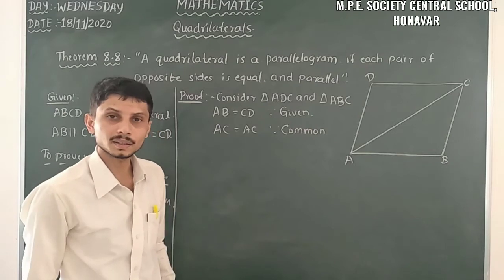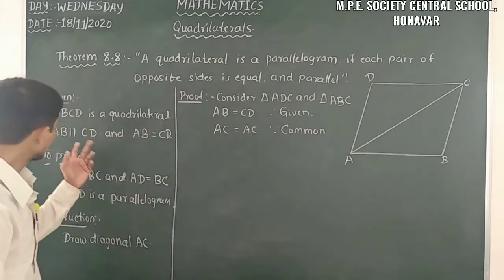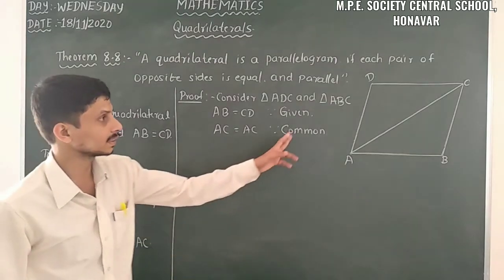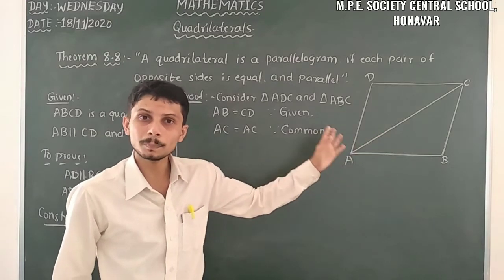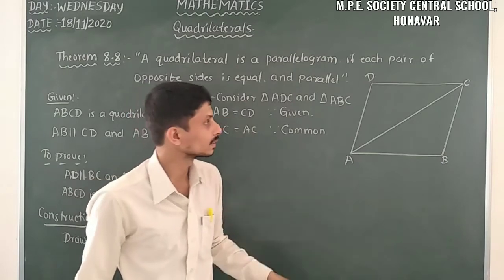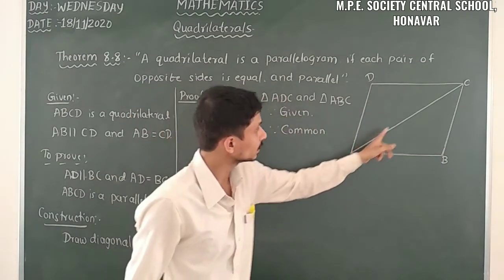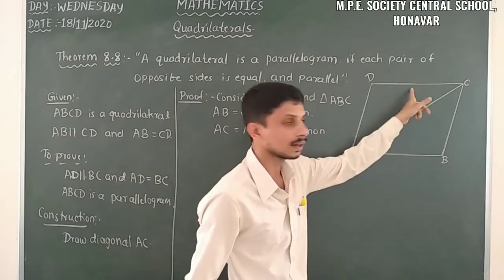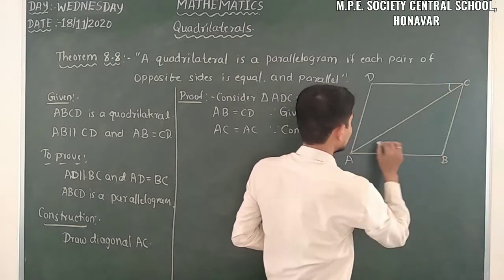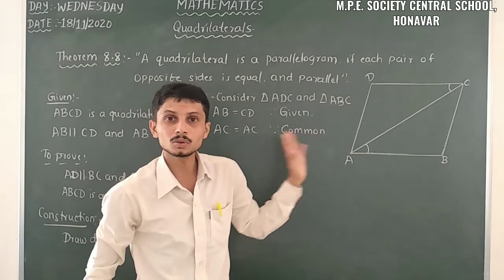What is another equality we can take? Here we have AB parallel to CD. When we consider the diagonal AC as a transversal, we have a pair of alternate interior angles equal. So here, AB is parallel to CD and AC is a transversal, so these two angles are alternate interior angles. Those two are equal.